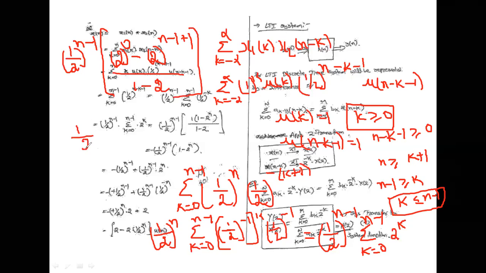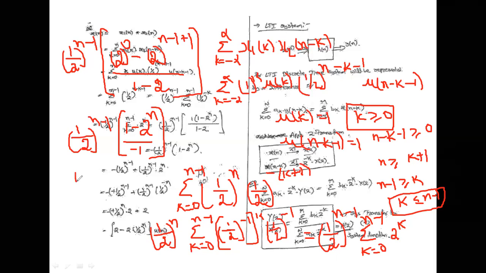So (1/2)^(n-1) multiplied with (2^0 minus 2^n) divided by 1 minus 2, that is, divided by minus 1. Got it, my dear students?